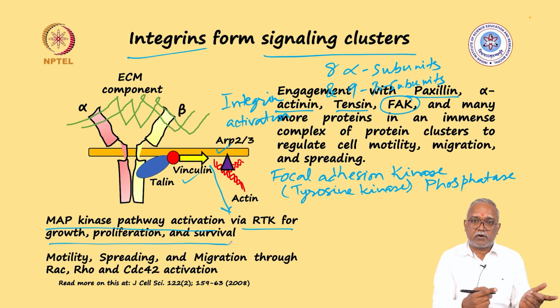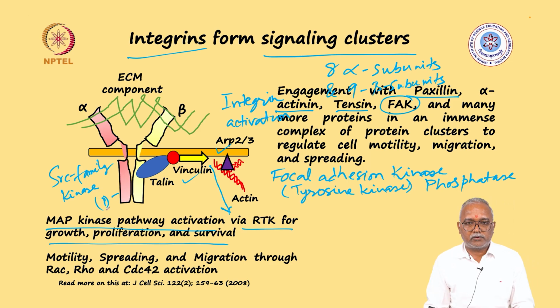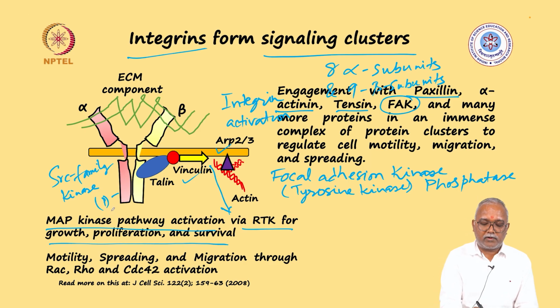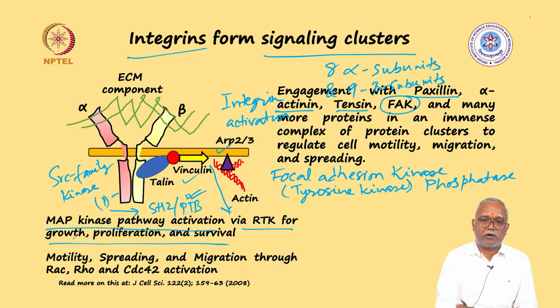You remember one of the first molecules coming towards the activation of the receptor was SRC family kinase, which was generating the tyrosine phosphorylated version on the receptor intracellular domain. This will be recognized by the SH2 domain or PTB domain containing proteins. Often phosphotyrosine binding domain containing proteins recognize this and take the signaling forward towards growth and proliferation or the MAP kinase pathway.